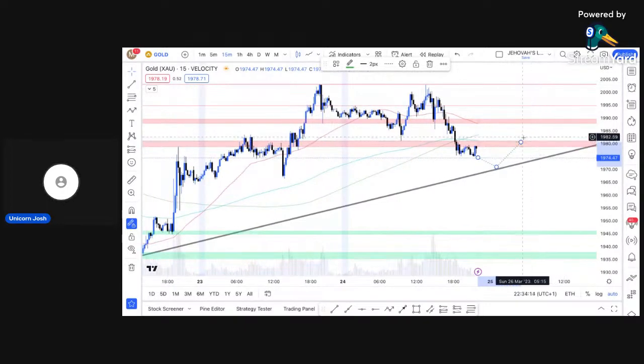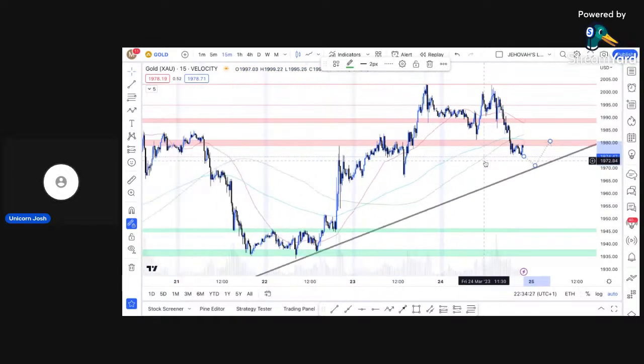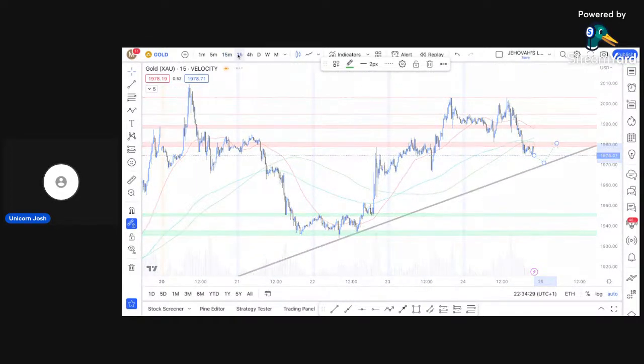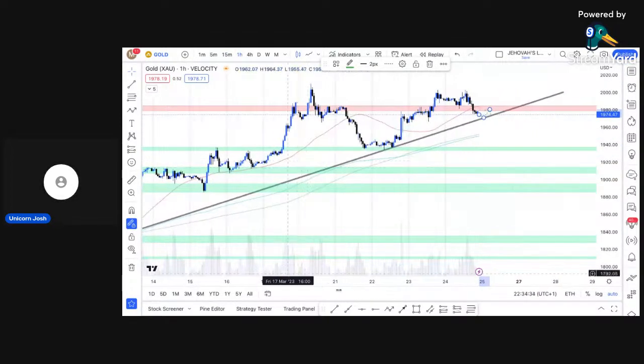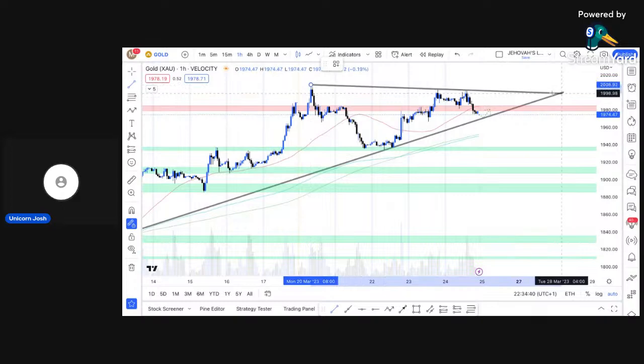Overall, this is looking like an overall sell pattern because we're having a double top here, one, two, then it's likely to come down, or it could as well do something like this. Let me show you guys another option of what is likely to happen. We could have a triangle.